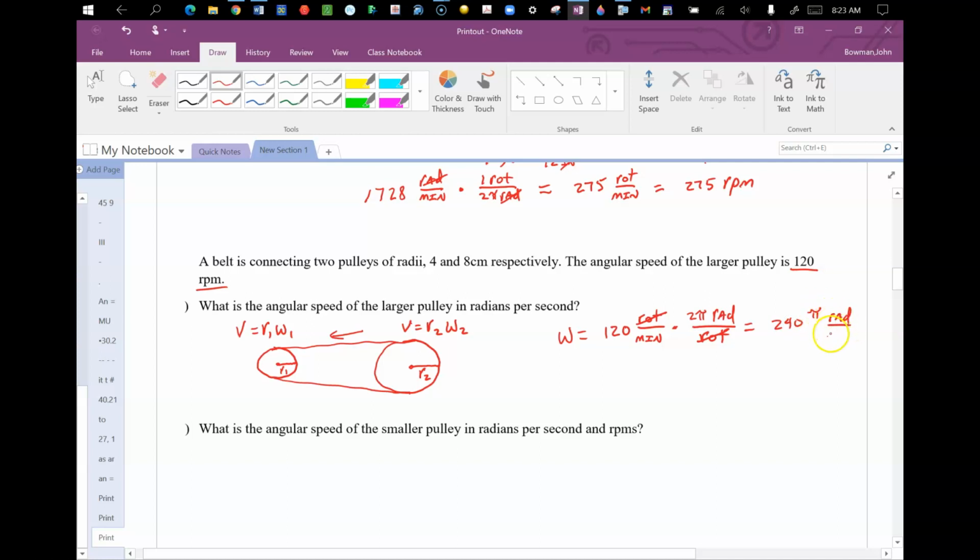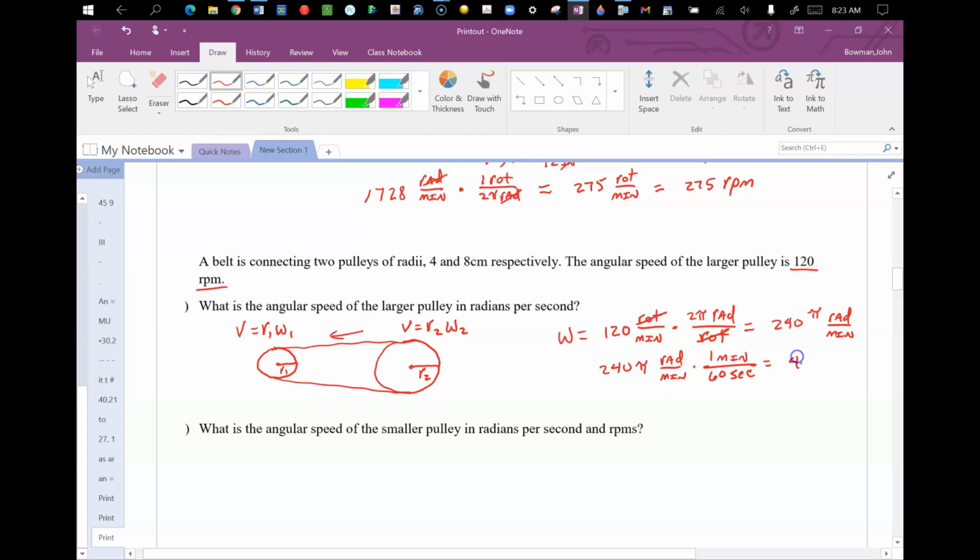radians per minute. Well, we still need to convert that into radians per second, so we have to take 240 pi radians per minute and multiply it by that conversion factor, which is 1 minute for every 60 seconds. So we're going to divide that result by 60, and 240 divided by 60 is 4.